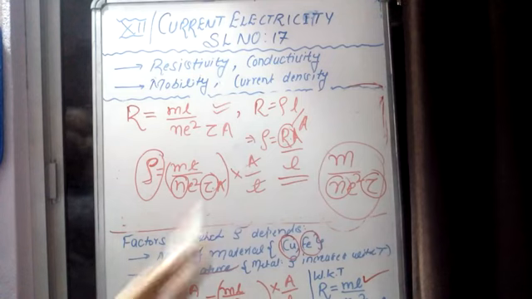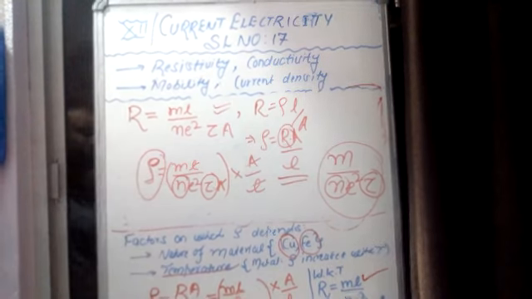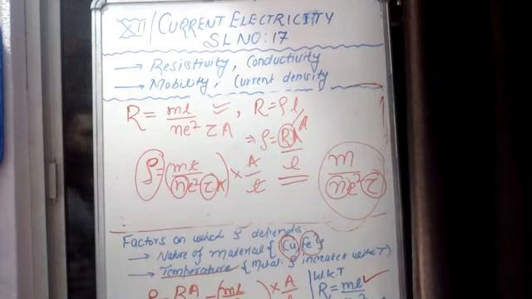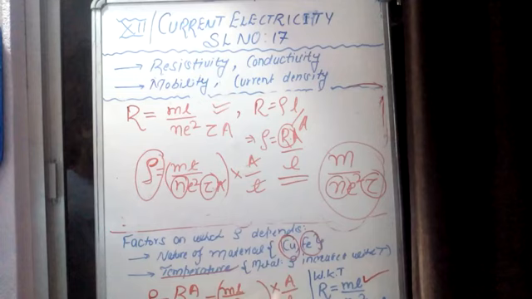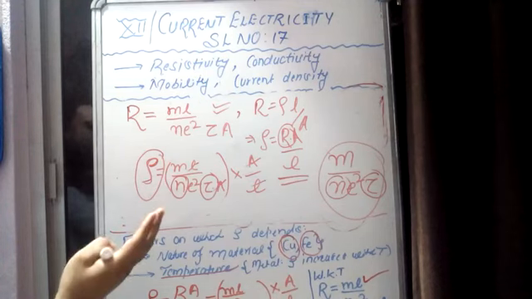Now n and tau depend on the temperature. In some materials n will increase, like semiconducting materials. With a rise in temperature, the number of charge carriers, either holes or electrons, starts increasing.